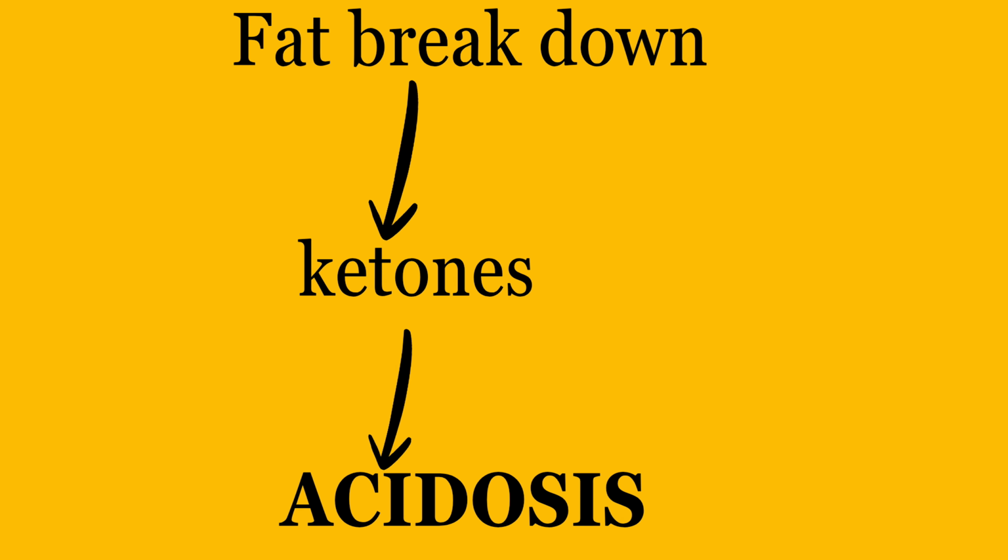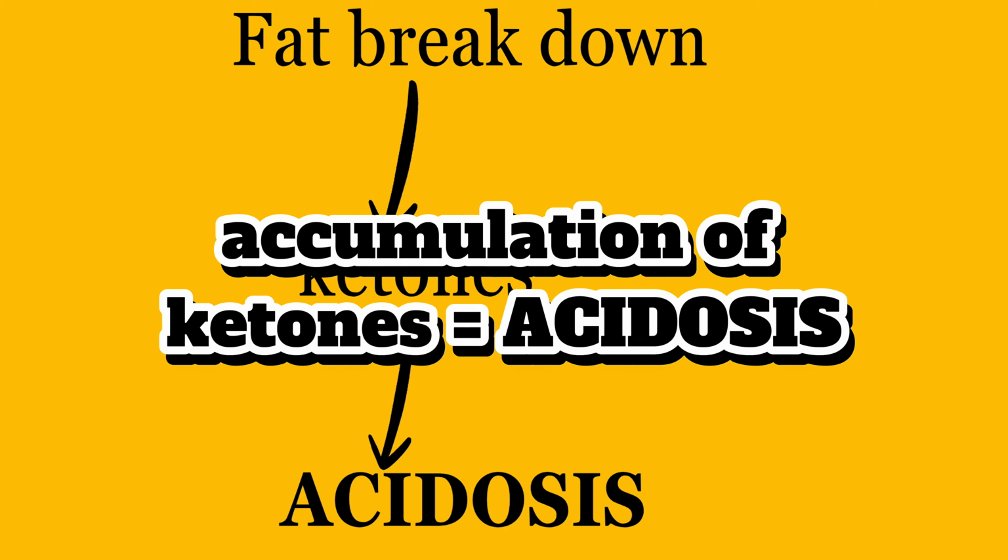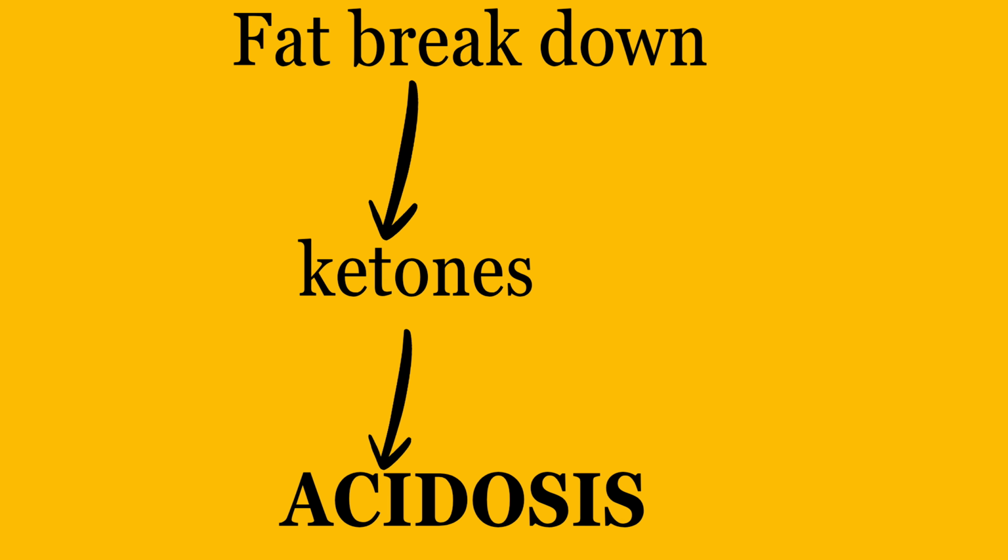Continuous breakdown of fat, because the body continues to do this in order to get energy, leads to a buildup of ketones, and therefore the body becomes acidic. Remember, ketones are an acid, and as they continue being produced, the body becomes acidic. That is basically what it means.